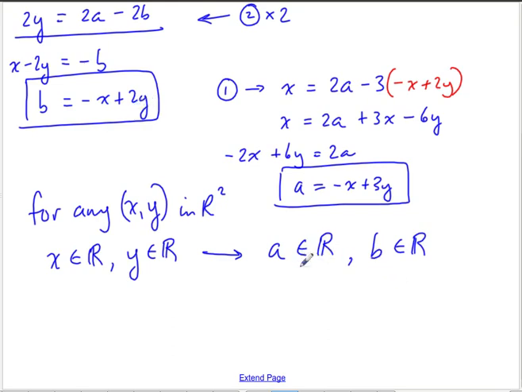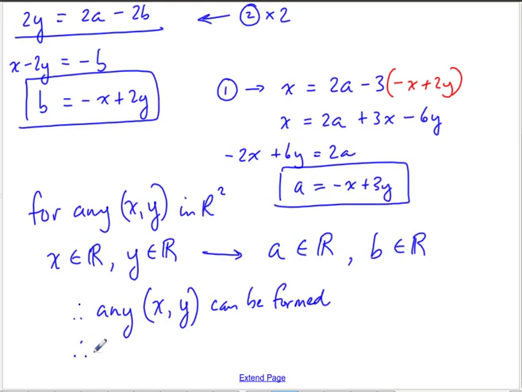And so for that reason, that means that therefore any x, y can be formed. I can choose any pair, any x and any y value, and I will be able to come up with the a and b value that would produce that.